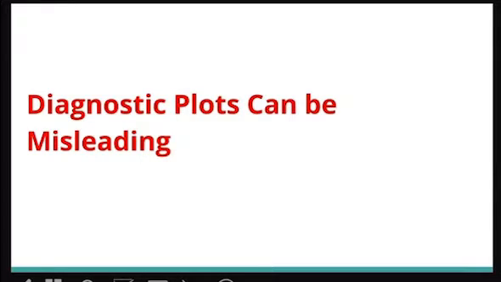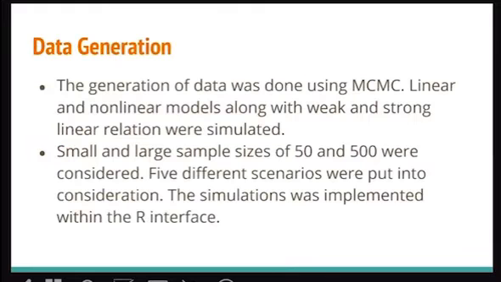So I want to go into a situation where diagnostic plots can be misleading. To show that, I'm basically going to generate data where there's a violation or not.